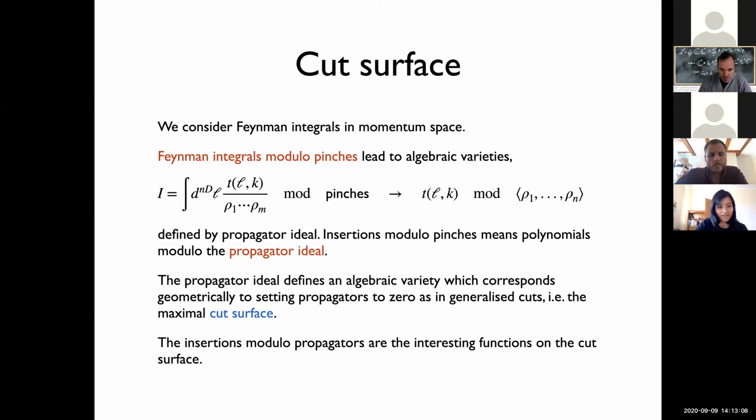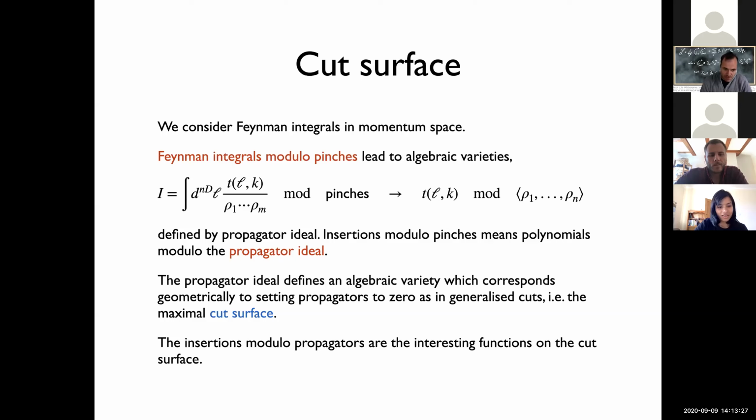The name cut surface is there just because setting propagators to 0, we usually do this when we study generalized unitarity or unitarity cuts. It makes sense. So these surfaces are actually the surfaces that we usually parameterize when we do unitarity cuts.